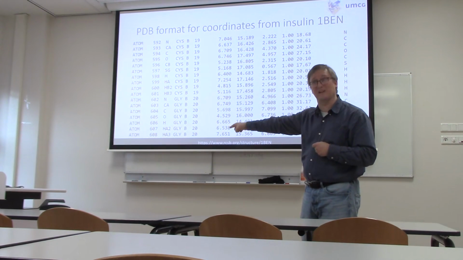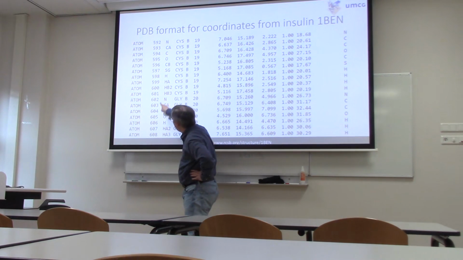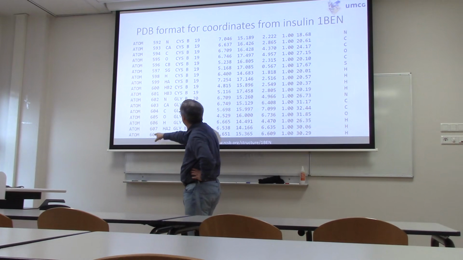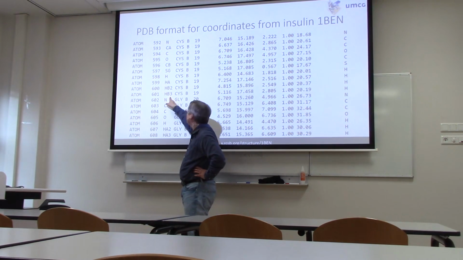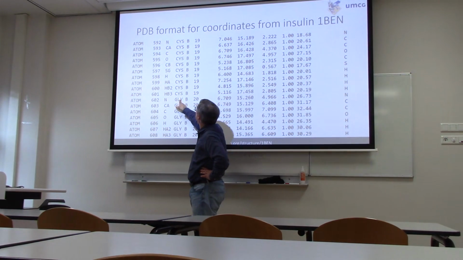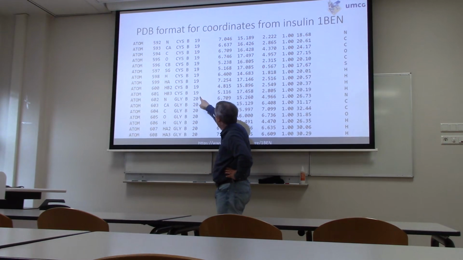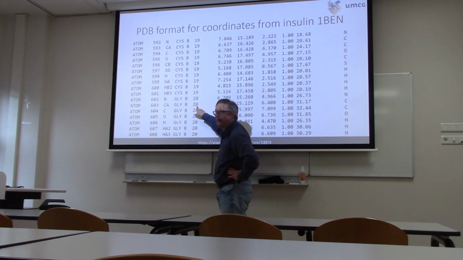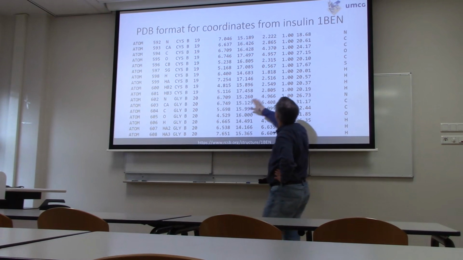As you can see, they're all marked ATOM at the start of the line. And we have what atom they represent within that structure, what part of an amino acid they represent, the 3-letter code for the amino acid at that position, which polypeptide this one belongs to, and where that amino acid falls within that polypeptide sequence. And then we have this information over here.